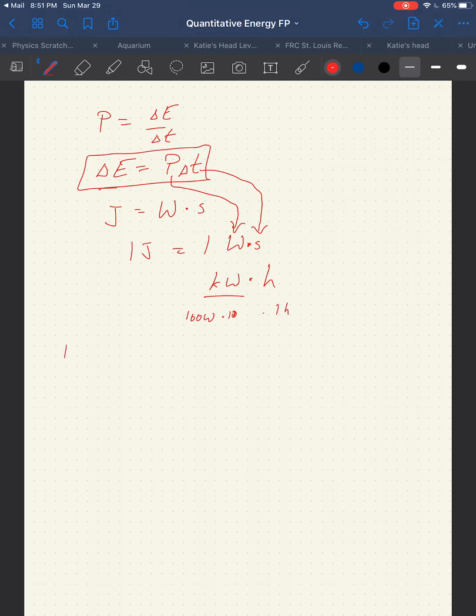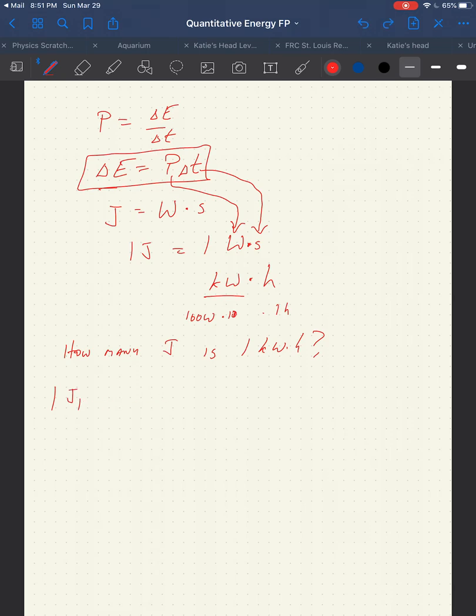So hey, if we tried to figure out, hey, how many joules is 1 kilowatt hour? Okay, well, we could do a little unit conversion. 1 joule times, now it's time for fractions, right?